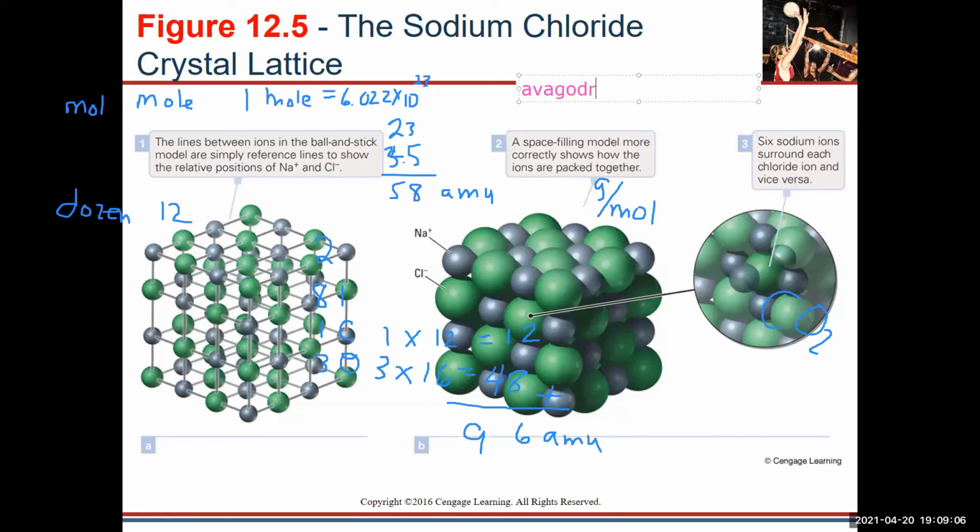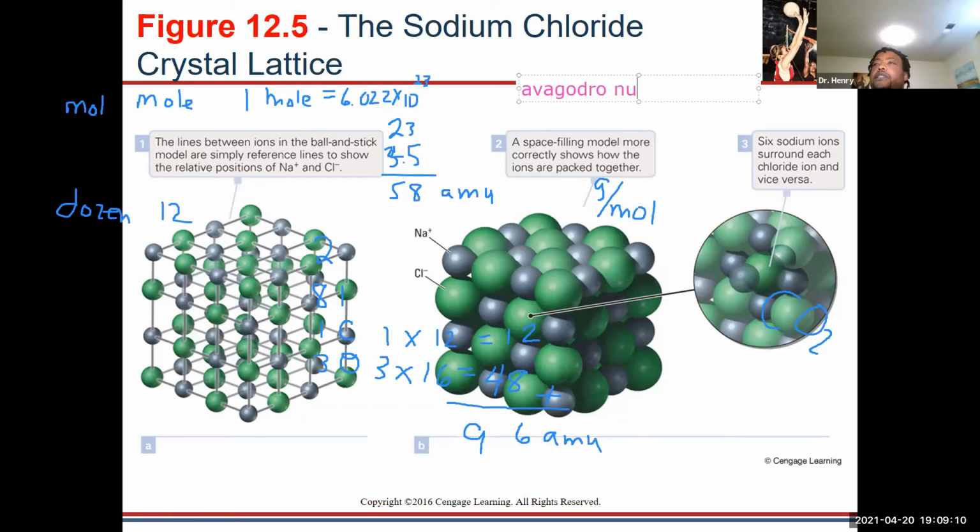Does that say 22 or 23? 6.022 times 10 to the 23. Okay, so a lot of people will say Avogadro's number because that's how they remember it. Avogadro's number is 6.022 times 10 to the 23rd, and it represents a quantity, right? So it's not a mass, it's a quantity.